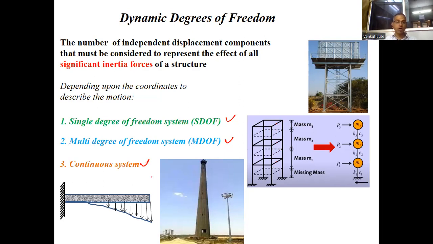Such a system is called a continuous system, like a continuous beam, cantilever beam, simply supported beam, or a tower. For those structures there is no lumped mass at one point. It is continuous throughout the structure, so we need to model that with the help of a continuous system.